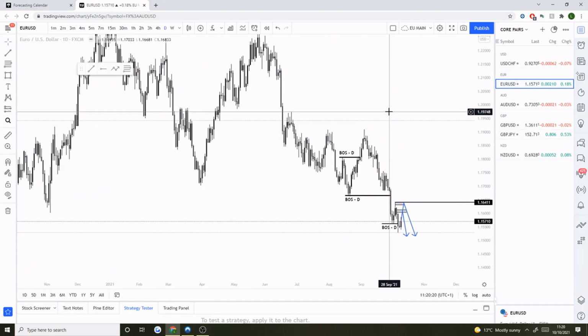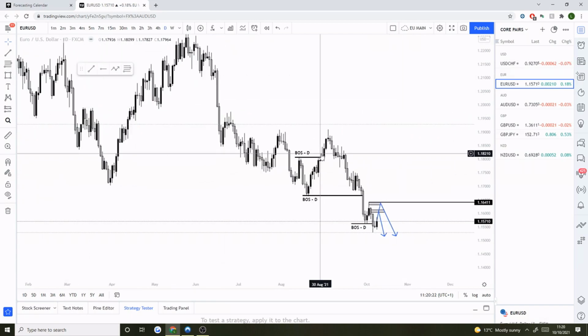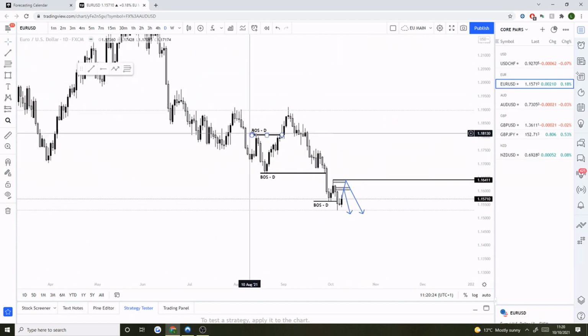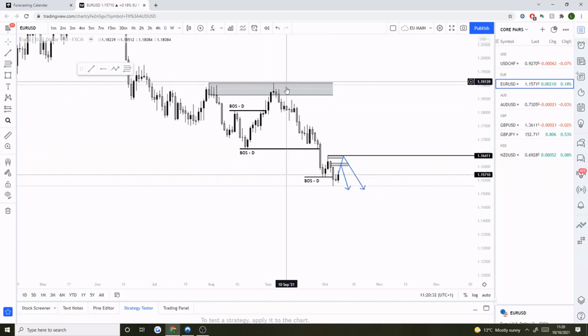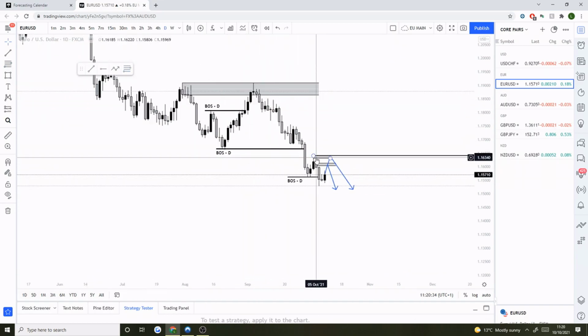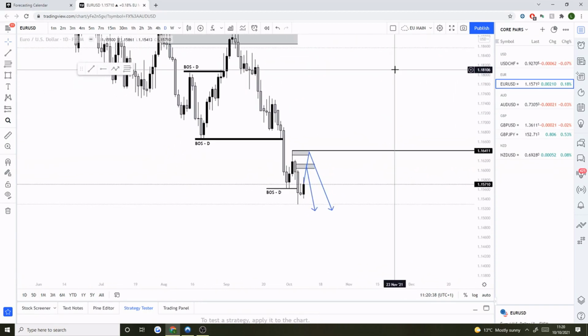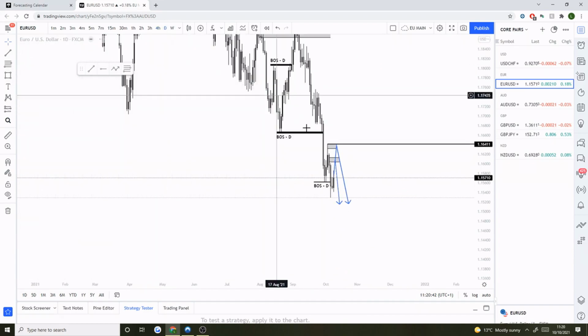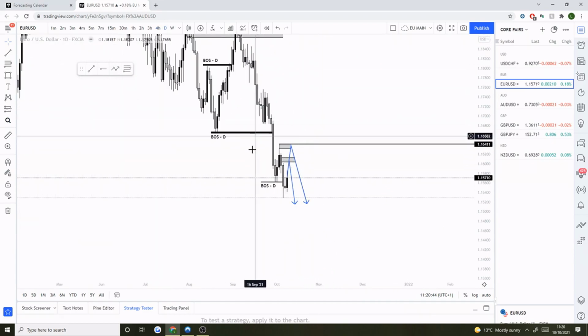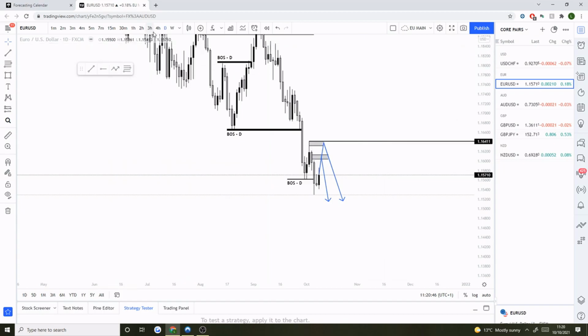Now EU, it's a lot simpler than the USDCHF structure really. We had this one break structure to the high, but as I discussed in a previous forecast, that just mitigated this area up here. Since then, we've had a break structure to the low, and now we've had a second break structure to the low. So what we're really just looking at is to continue sells on the daily time frame, looking to continue from the daily structure.